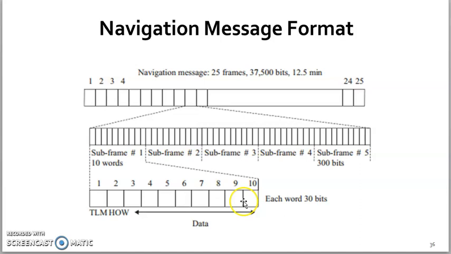In subframe 1, they carry the satellite clock and satellite health related information, and in subframes 2 and 3, they carry the ephemeris data. In subframe 4, they carry the partial almanac and other data, and in subframe 5, they carry the almanac data. That is about your satellite navigation message format.